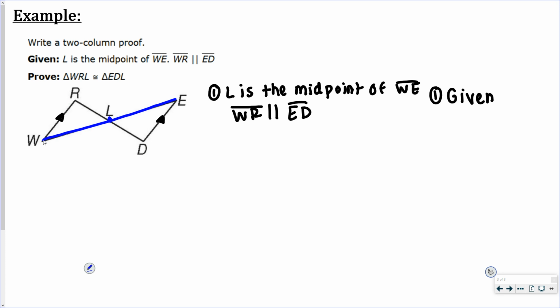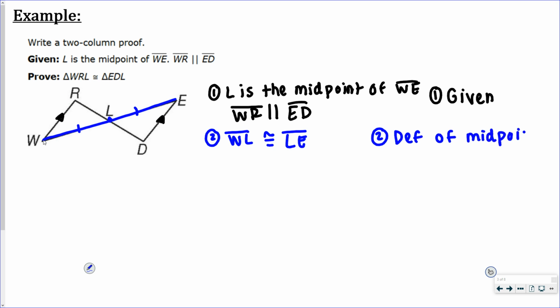If this is the midpoint, it splits that segment in what? In half, right? So that means this is congruent to that. That's personally where I would start. That line segment WL, or that side of that triangle, is congruent to LE. Definition of a midpoint.